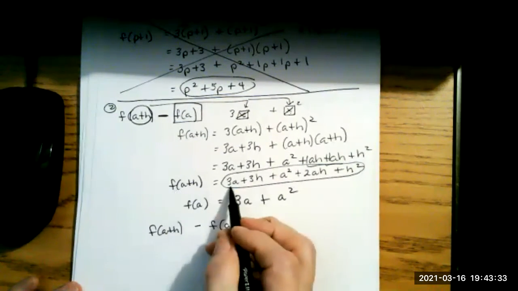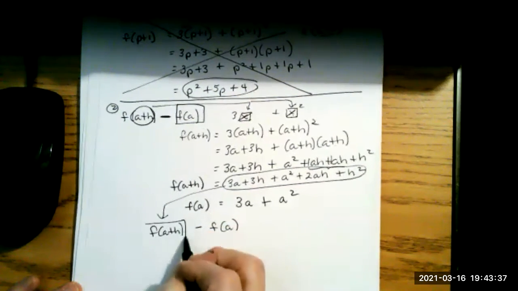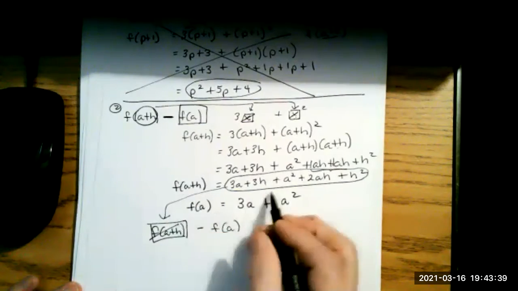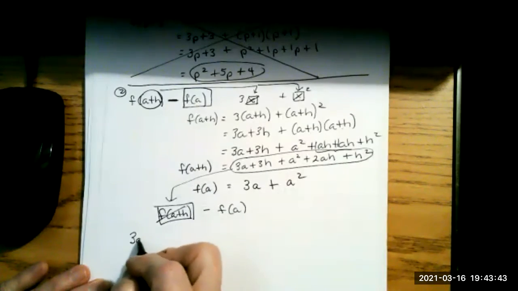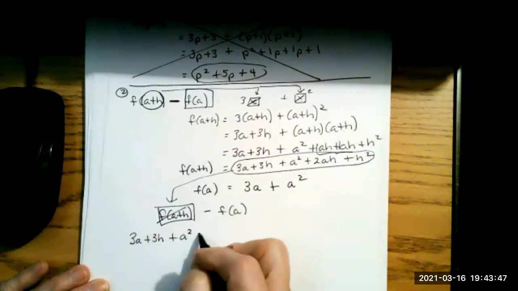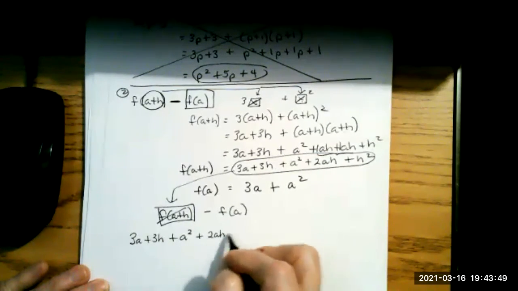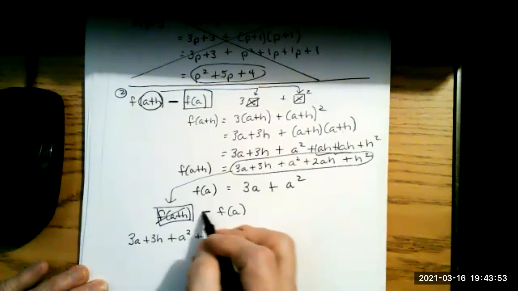F of a plus h is this value right here. So I'm going to take this out and put it in this long, long thing right here. 3a plus 3h plus a squared plus 2ah plus h squared. The minus comes in between here.